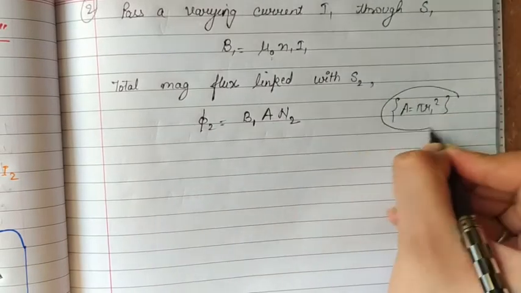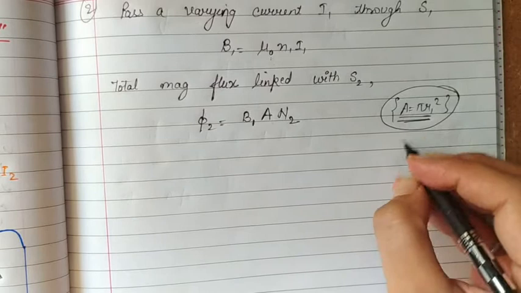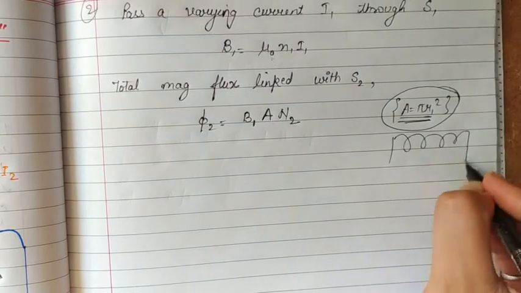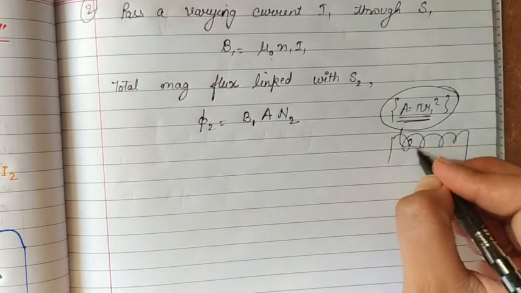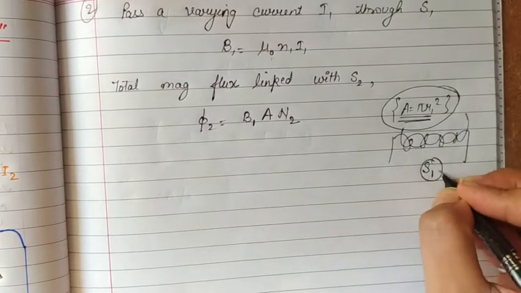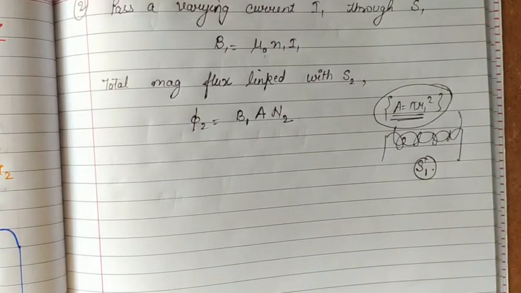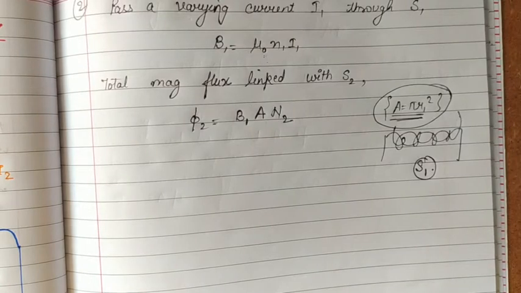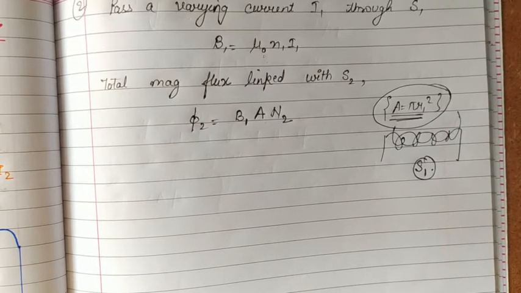This remains common. Why are we taking this? We have two coils, in which the inner one is S1, right? S1 is the inner coil, so when we are talking about mutual interaction, the area that is common is the area of S1.